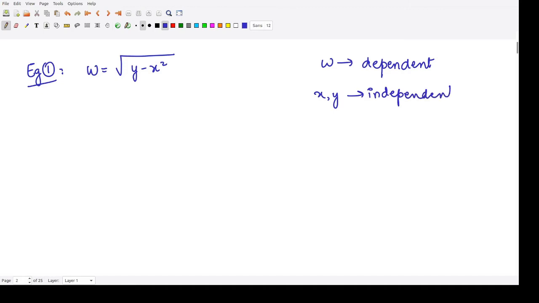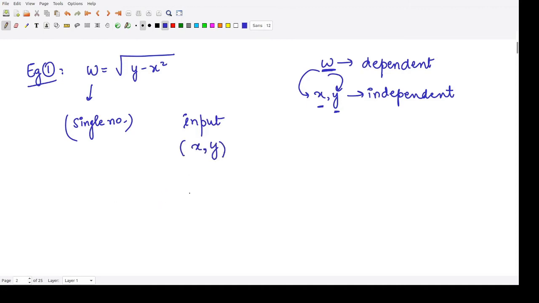Because x and y can assume any value, and w will depend upon the values taken by x and y. So w would be a single number, and whatever input you are giving to that function is nothing but x comma y.